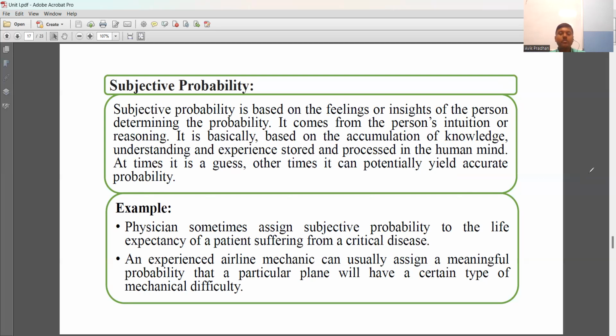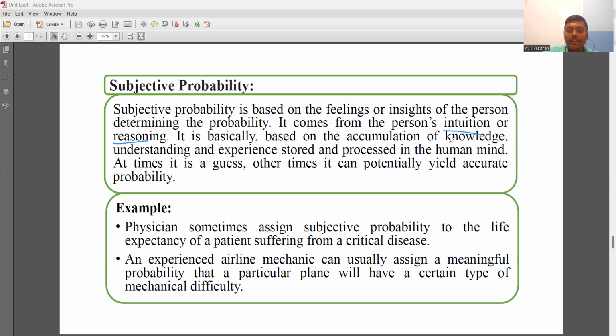In this case, the probability of an event totally depends on the person who is determining the probability. So subjective probability is based on the feelings or insights of that person. It comes from the person's intuition or reasoning. It is basically based on the accumulation of knowledge, understanding, and experience stored and processed in the human mind.